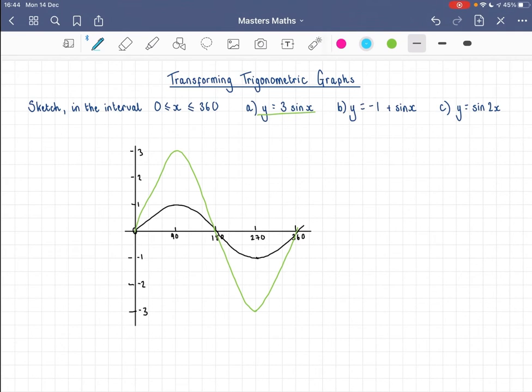It's going to look a little bit different. So it's going to start down here at -1. It'll go up at 90. It will come down. Oh, my line's behaving strangely. It's going to come down to -2 at 270, and then it's going to come back up.